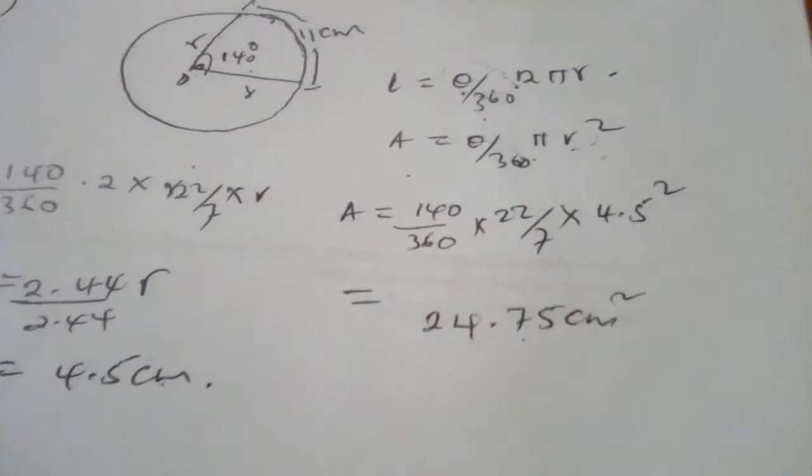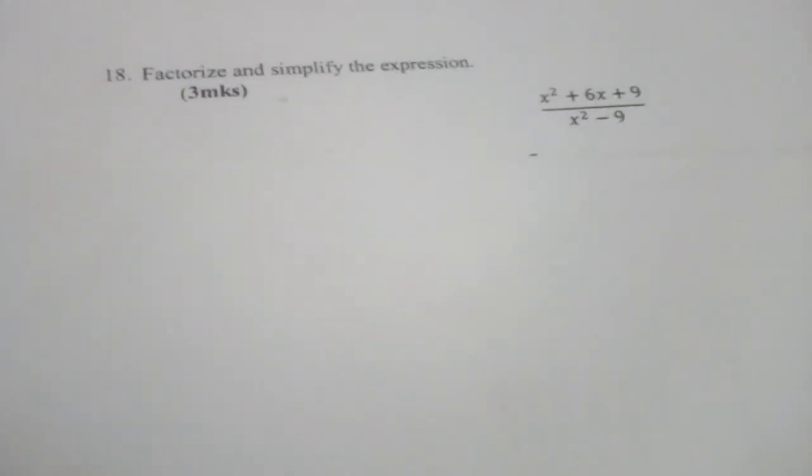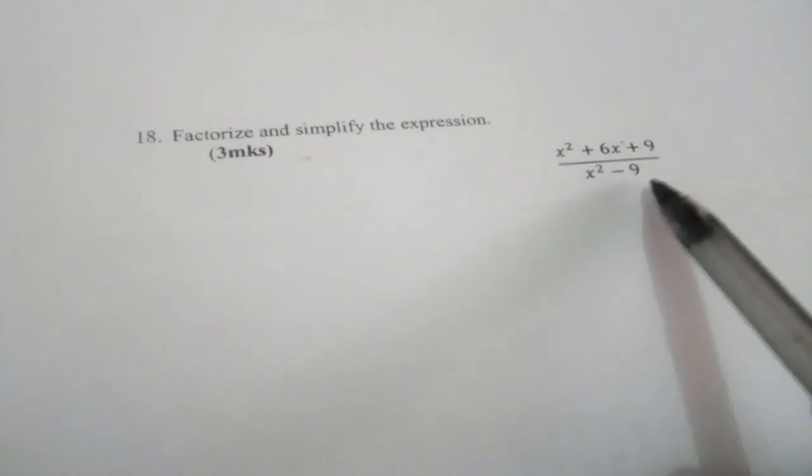Then going to the next question, we are supposed to factorize an expression: x squared plus 6x plus 9 over x squared minus 9. This one is pretty simple because you only need to factor the numerator separately and the denominator separately.